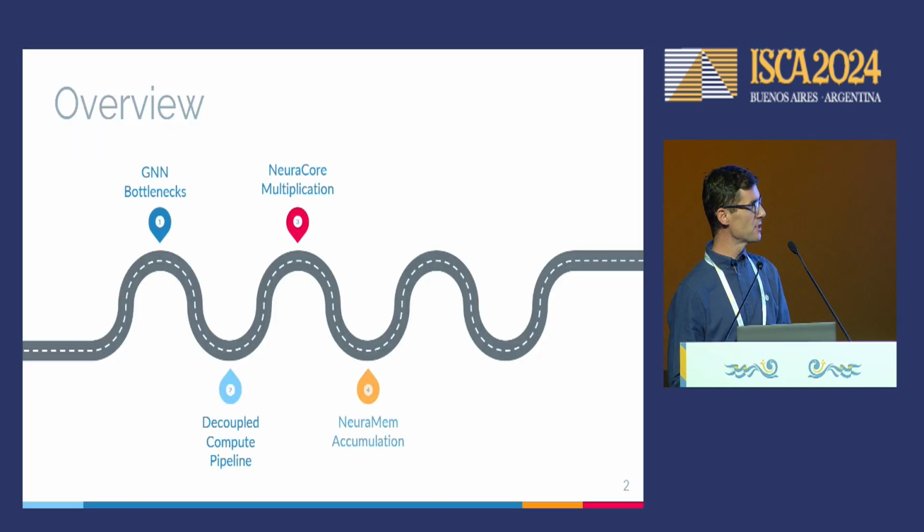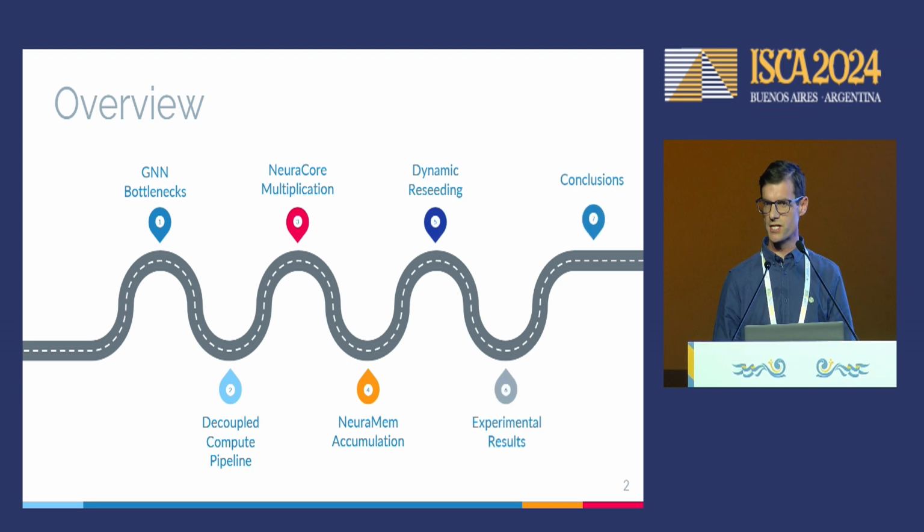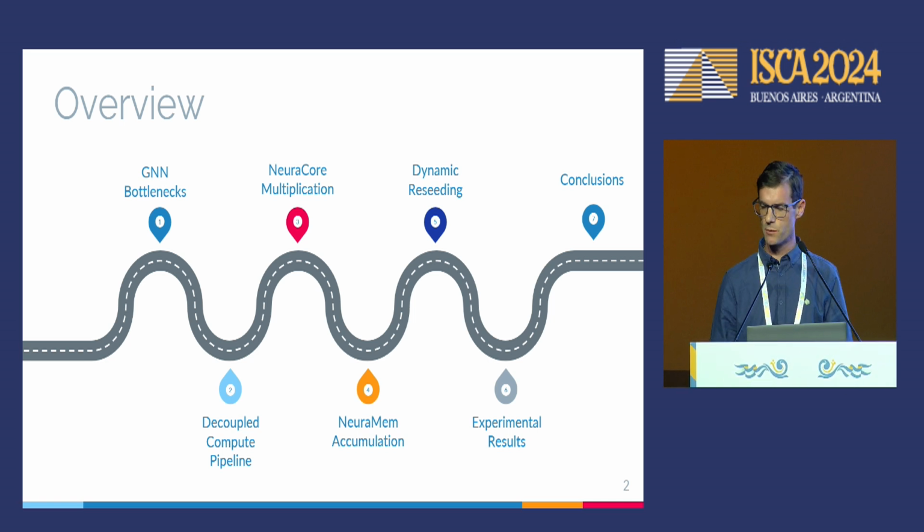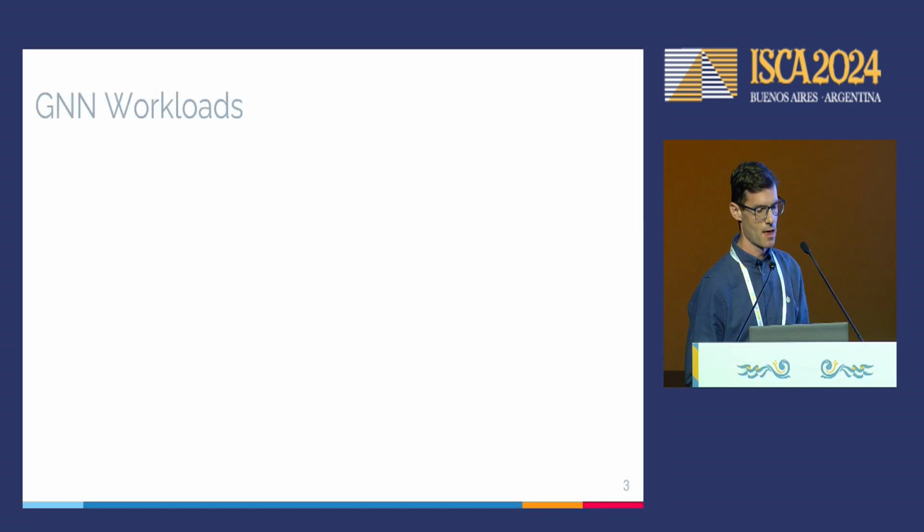Regarding the structure overview of our presentation, first of all, I'm going to highlight the key bottlenecks of GNN workloads that motivate the need for the new accelerator, called NeuraChip. Then I'm going to present the 3 key ideas that revolve around this new accelerator. Then I'm going to present some experimental results. And finally, I'm going to give you some conclusions.